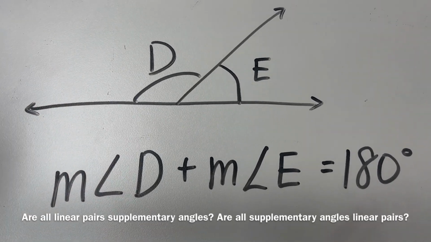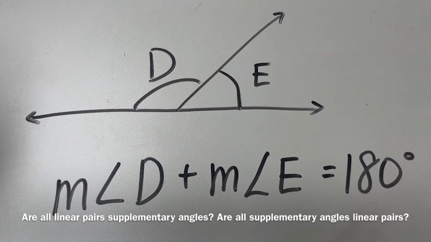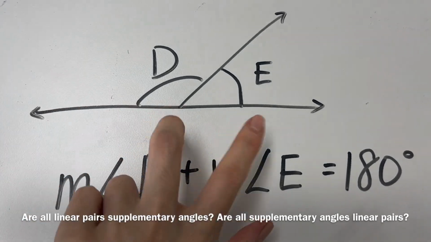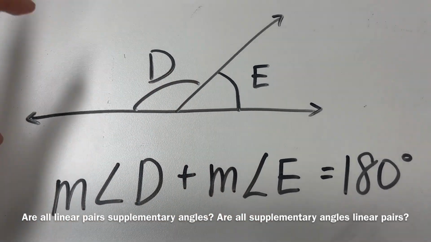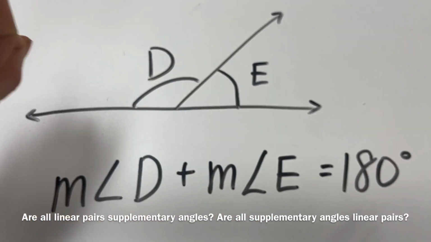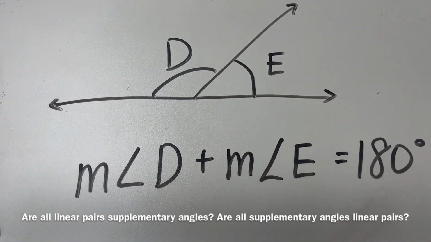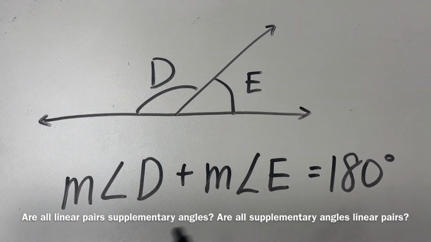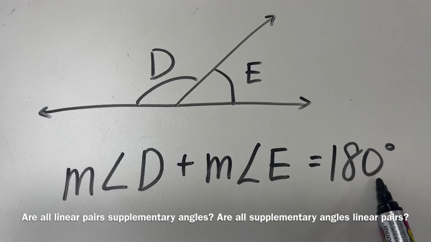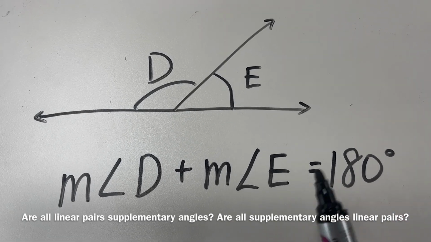Now, in order for us to have a linear pair, we must make sure that they are adjacent because we literally need to have two angles come together to form one straight line. But since their sum turns out to be 180, they're also supplementary, right?